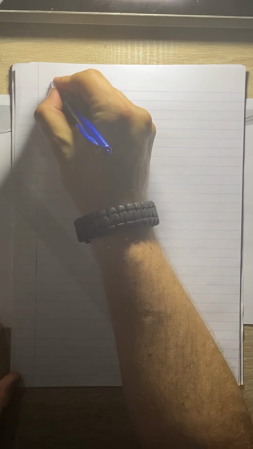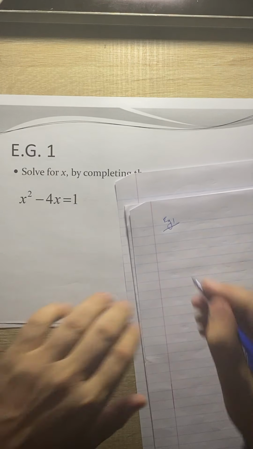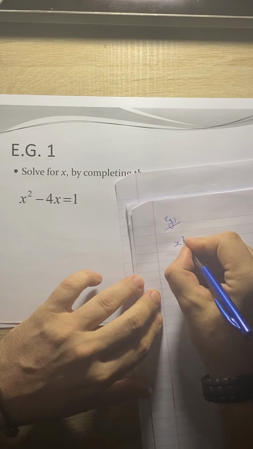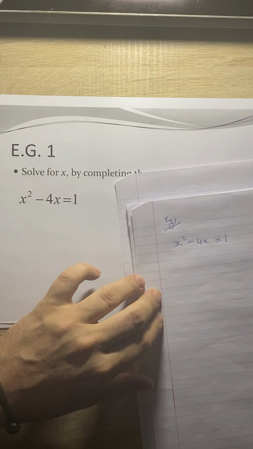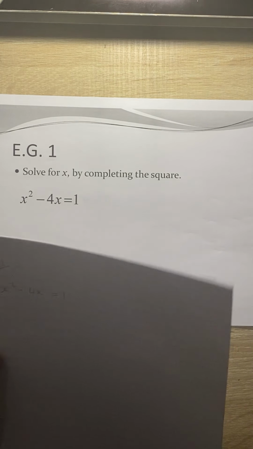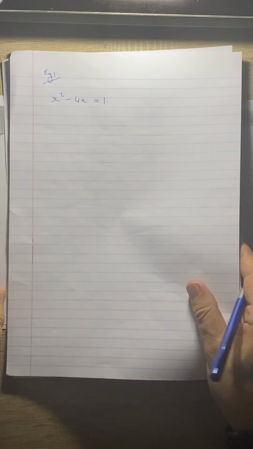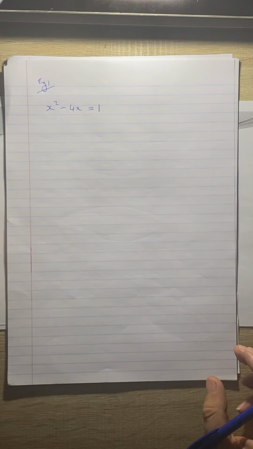So we've got example 1. Just want to copy it down quick. The first thing I'm going to do is take everything to the one side.